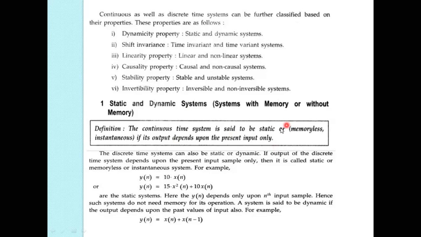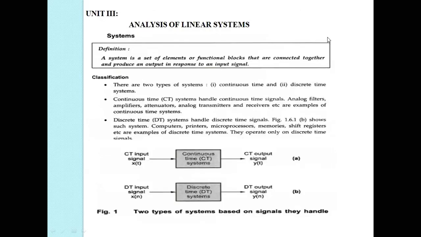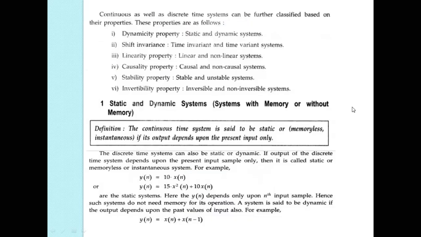What does present input mean, sir? Input is always, see here in the block diagram, x of t for continuous time, and discrete time is denoted as x of n. The output is y of t and y of n.